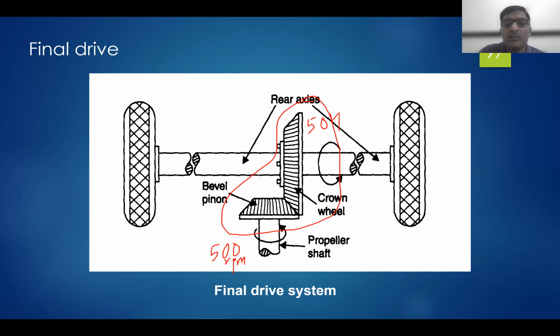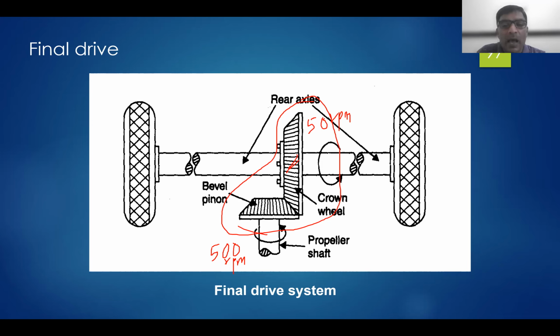So for this crown wheel, what it indicates? It has increased the torque by reducing the speed. The bevel pinion has fewer teeth as compared to the crown wheel, which is mounted on the drive axle. This reduction is required to get larger torque so that the vehicle can propel from one place to another.